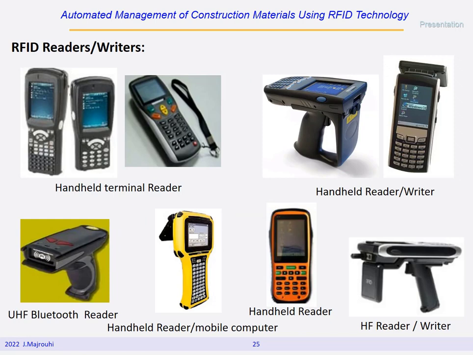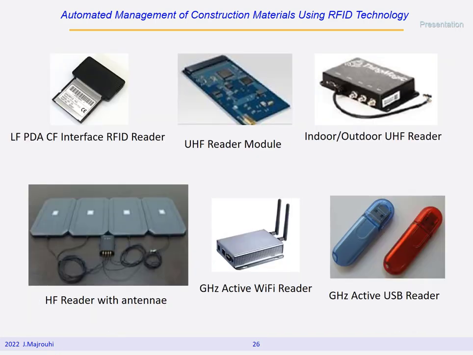Different types of readers are illustrated in this picture: handheld terminal readers, handheld reader or writers, and handheld reader or mobile computers. The difference between the devices illustrated in this slide and the previous slide is that these devices are only readers.